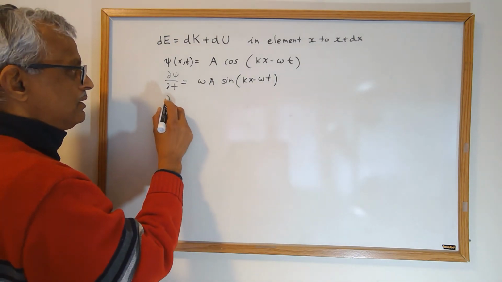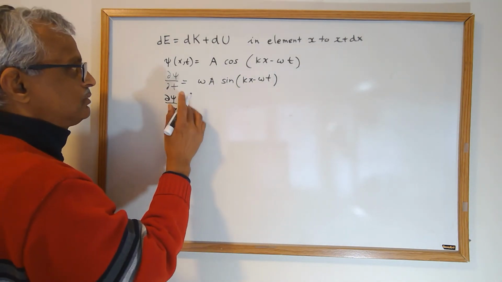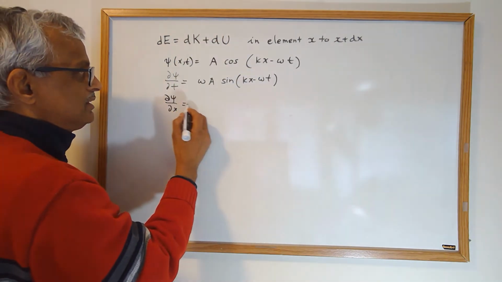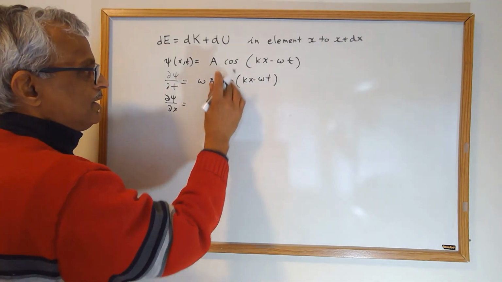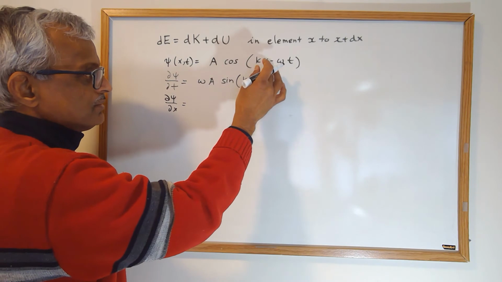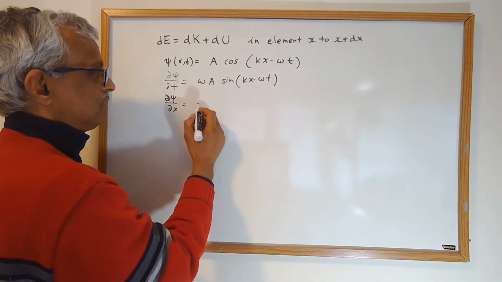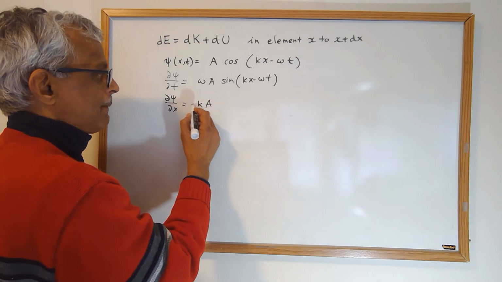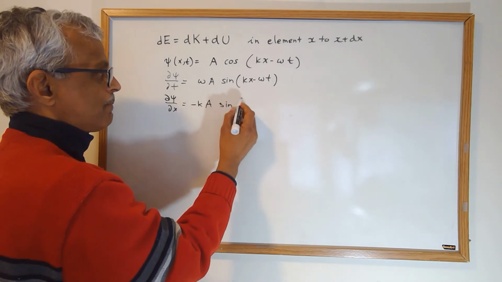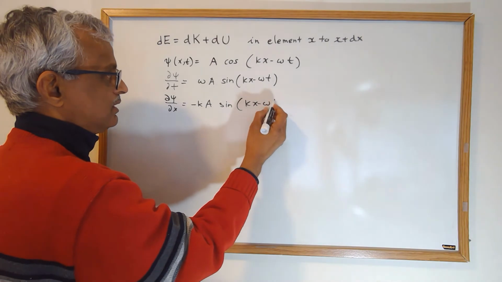And d psi dx, this will be needed for potential energy, is going to be cosine will turn to sine, bring a minus, and then k will come out. So k times a sine kx minus omega t.